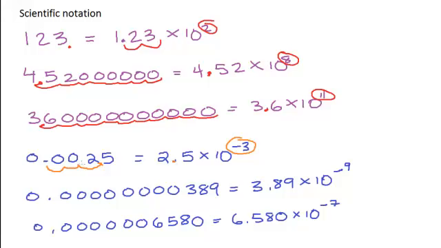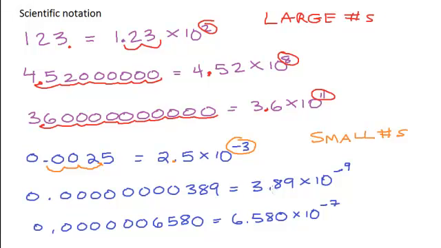But it's negative because now I'm representing a small number. When you have small numbers, you have negative exponents. Up here, I had large numbers, and I have positive exponents. Down here I have small numbers and I have negative exponents. Small numbers being numbers that begin with decimal places.